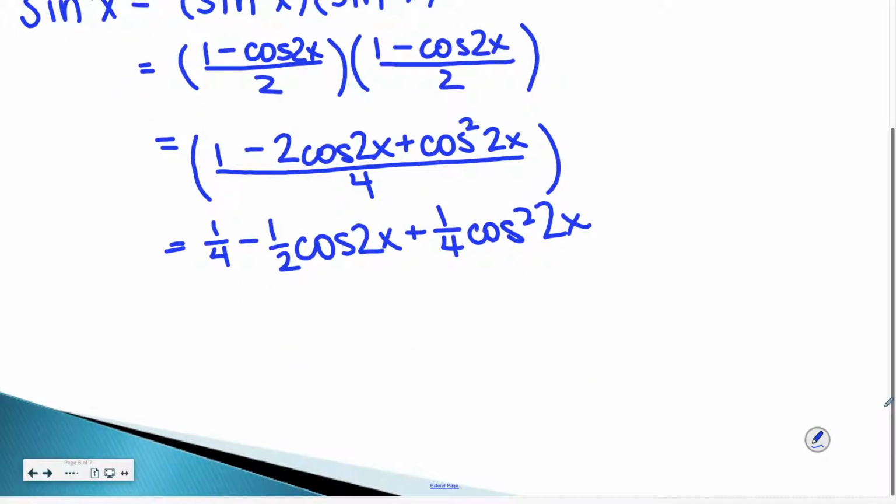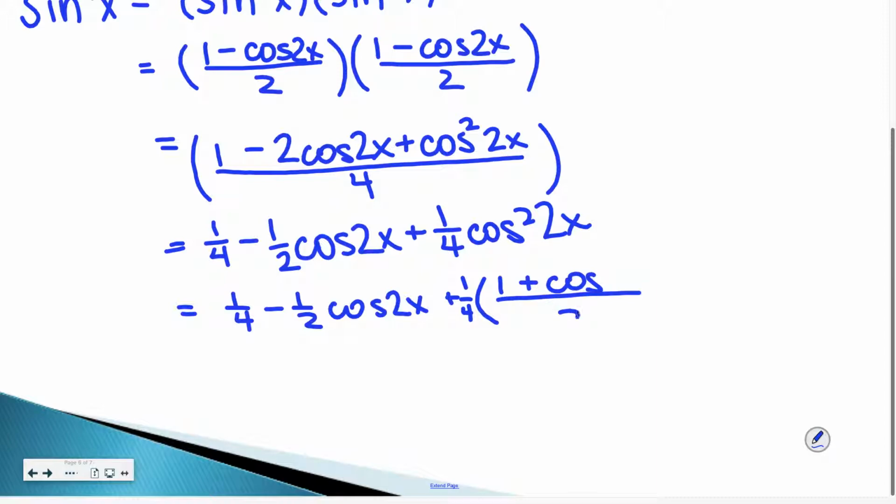Okay. What is cosine squared the same as? 1 plus cosine of... Okay, so what is our angle going to be here? If we go from u to double u, we're going from 2x to 4x.